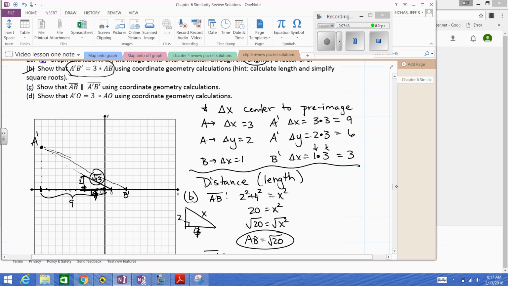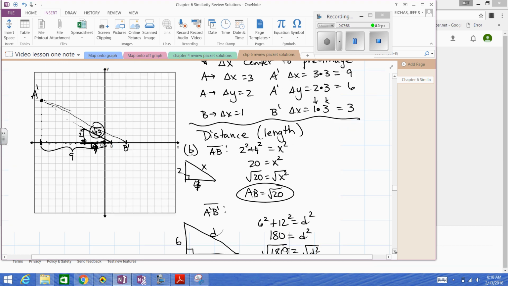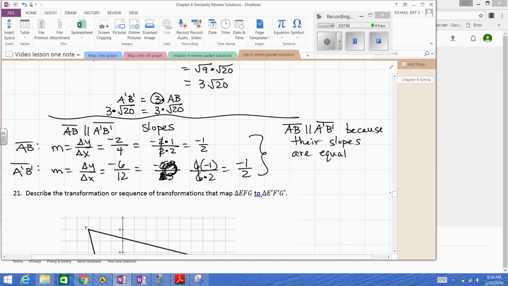Show that A prime, using coordinate geometry calculations. We already did that, didn't we? Oh, A prime O. Sorry, A prime O. So we're going to do this all over again, this distance thing. But we got to go to the origin. Okay.